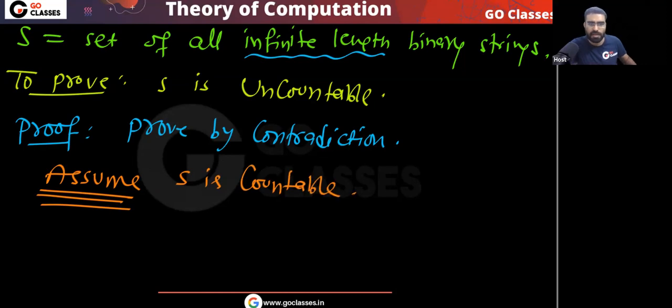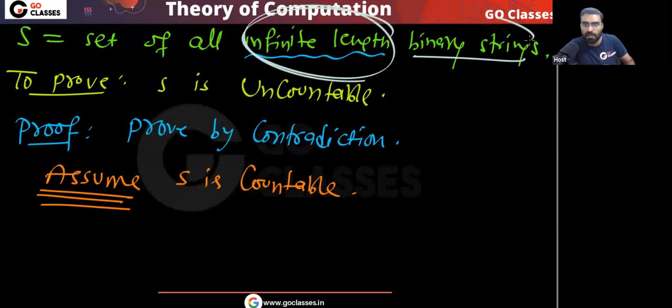Remember, S is already infinite, that you already know. How many infinite length binary strings can you create? Infinite, yes or no? So S is already infinite. That is not a problem.